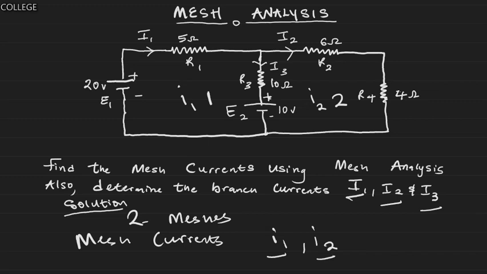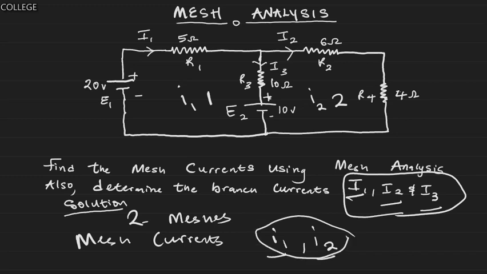This simply means that we cannot determine the value of the branch currents without solving for the mesh currents. That is, the branch currents are dependent on these two mesh currents.